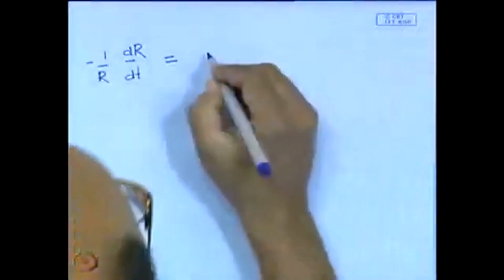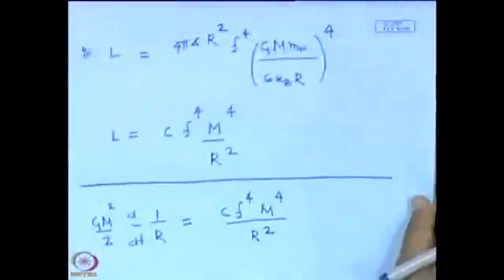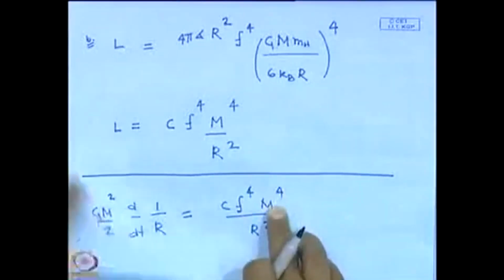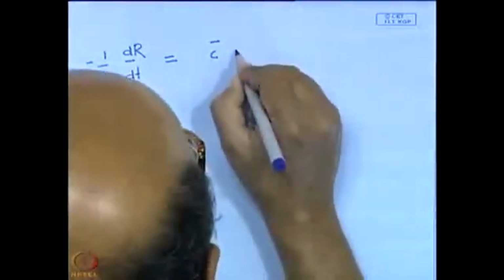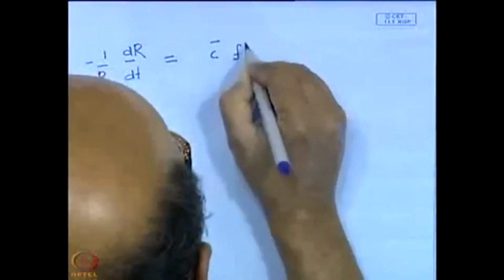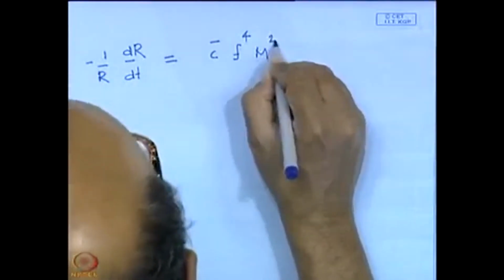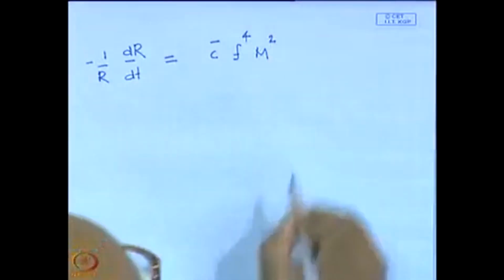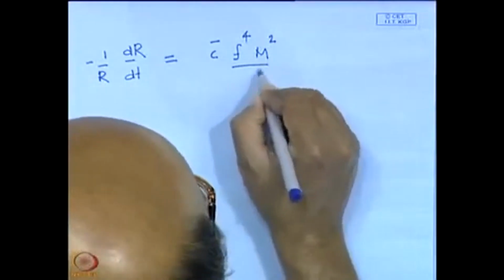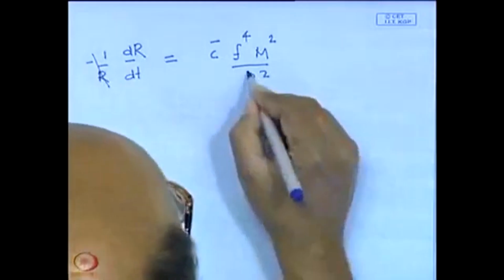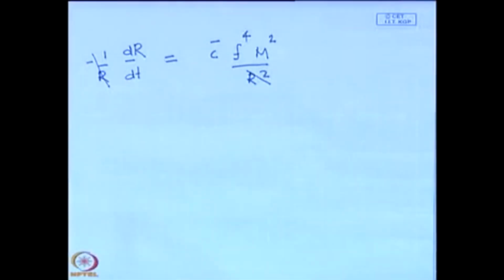This is equal to C bar, and we now have m squared over here, f to the power 4, m squared by r squared. So, this 1 by r square cancels out.